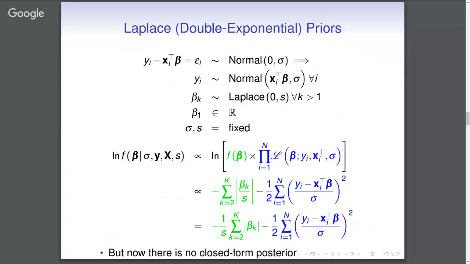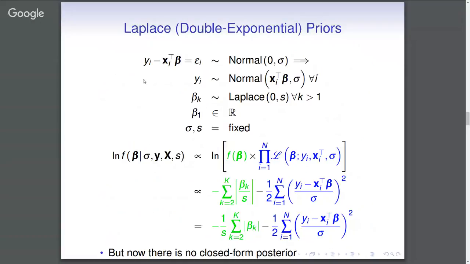But now we've gotten creative a little bit, not that creative. And now there's no closed form algorithm to draw from the posterior distribution. We could do some Gibbs stuff, but ultimately we have to do MCMC to draw from this posterior distribution, because the posterior distribution doesn't break up into a marginal distribution of this and a conditional distribution of that, where we know what the distributions are and we already have algorithms to draw from.